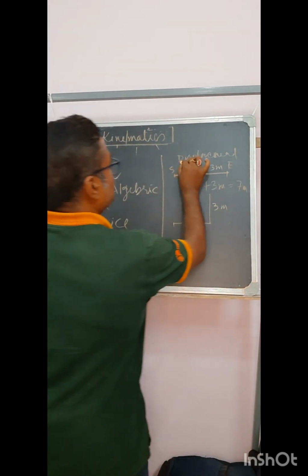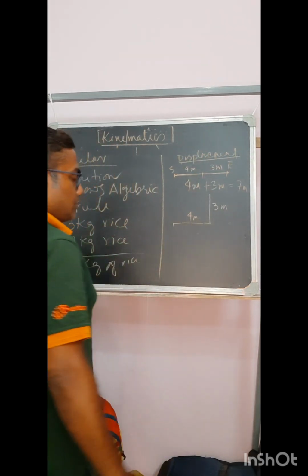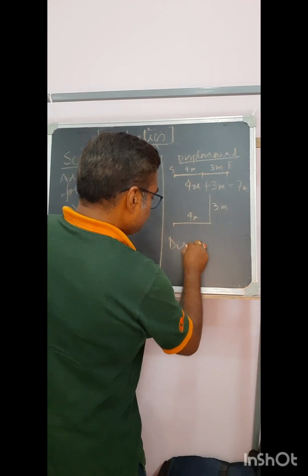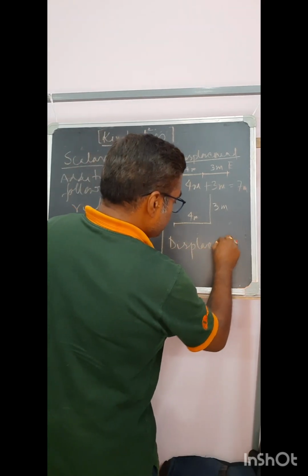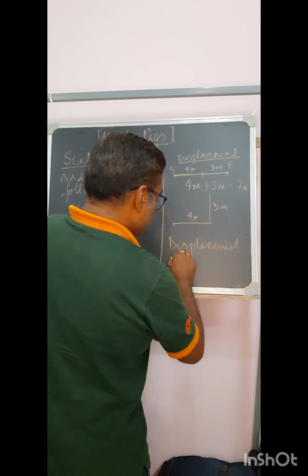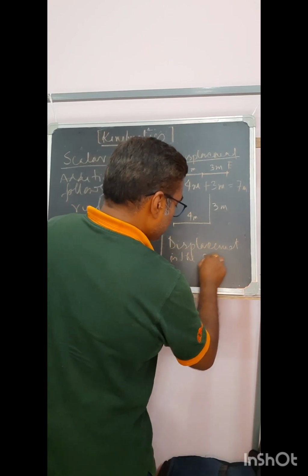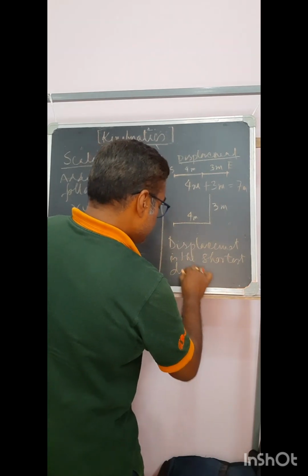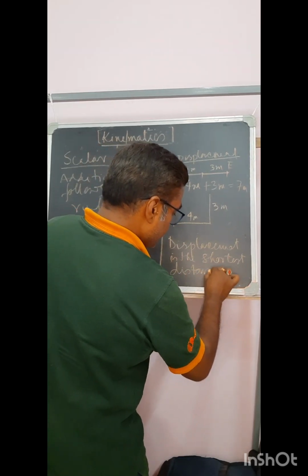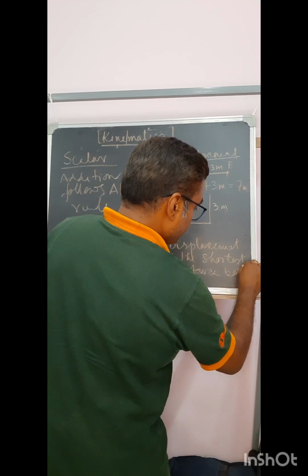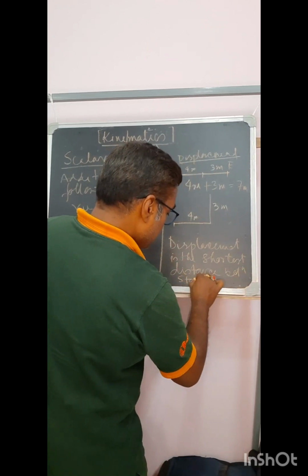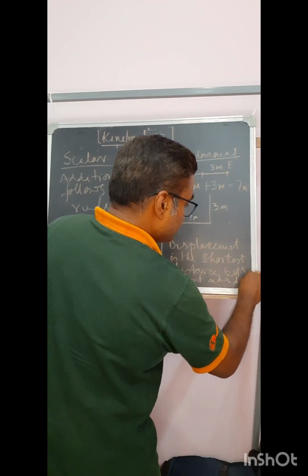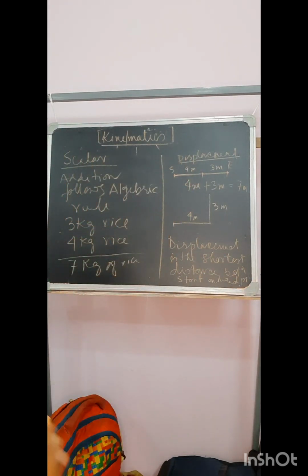As per the definition, we know the displacement is the shortest distance between the start and end point. So displacement is the shortest distance between the start and end point.